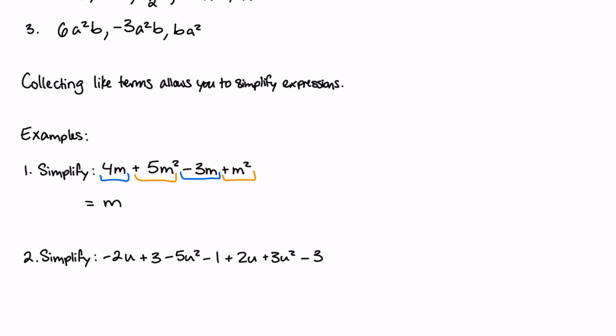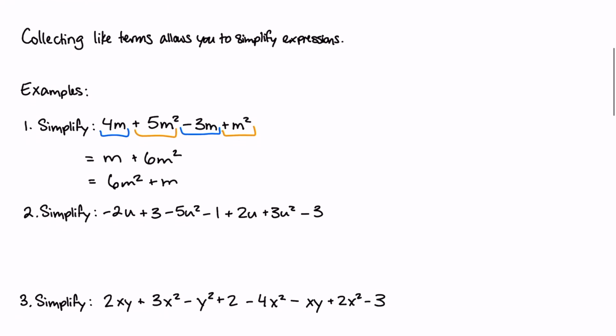And 5m squared plus m squared is going to be the same as 5 plus 1, so 6m squared. And we like to write our expression in order of descending exponent. So we like to go from highest power to lowest power. So we're going to write 6m squared first, followed by m afterwards. And then that would be our final answer.